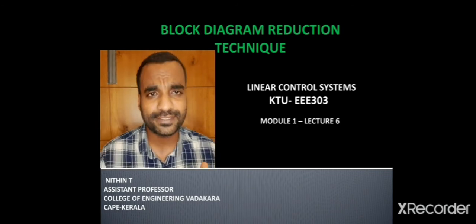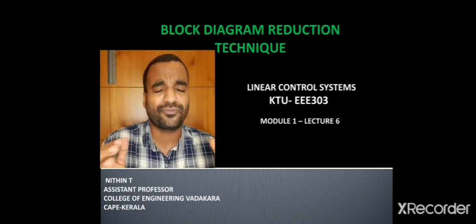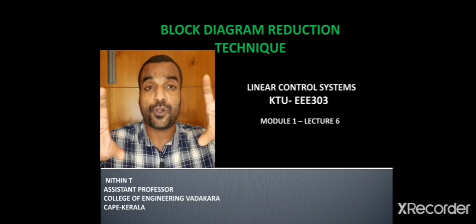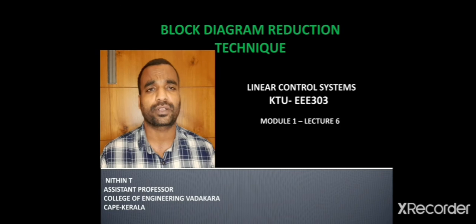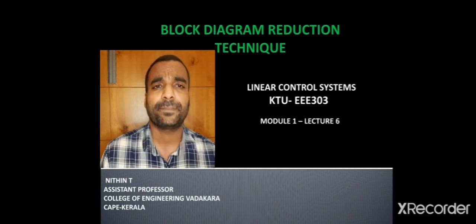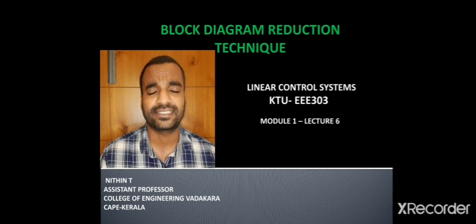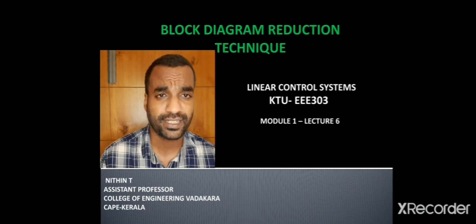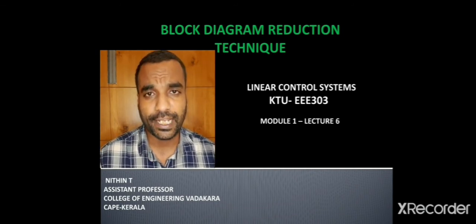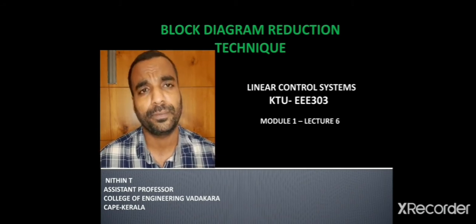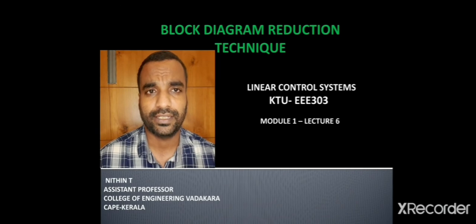For converting the complicated form of block diagram to a simple form, we use a number of techniques, and these are generally known as block diagram reduction techniques. Today we are briefly dealing with block diagram reduction techniques, and we are solving a simple problem using them.